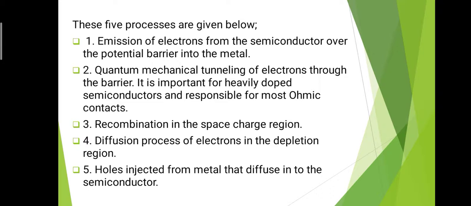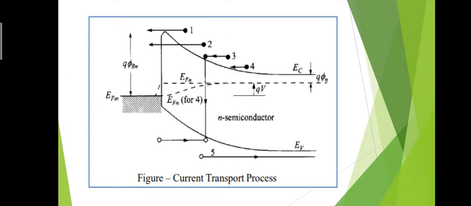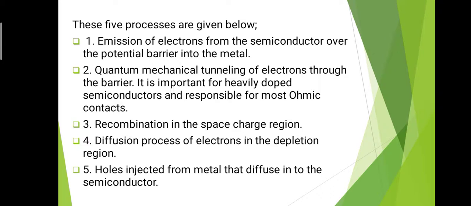Second is quantum mechanical tunneling of electrons through the barrier. It is important for heavily doped semiconductors and responsible for most ohmic contacts. The second arrow shown in the figure shows the electron tunneling, that is not a flow but a tunneling of electrons through the potential barrier.